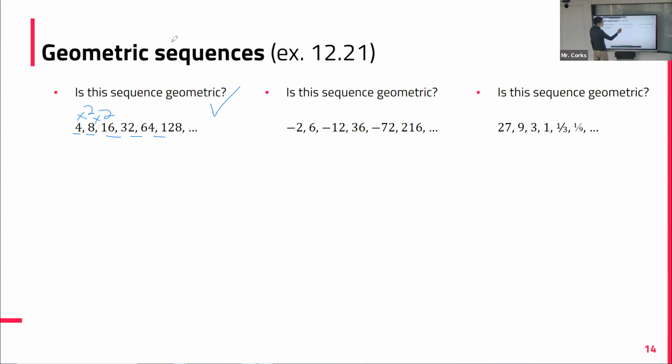Next one, -2 to 6. We multiply by -3. From 6 to -12, we multiply by -2. From -12 to 36, -3. Again, from 36 to -72, -2.